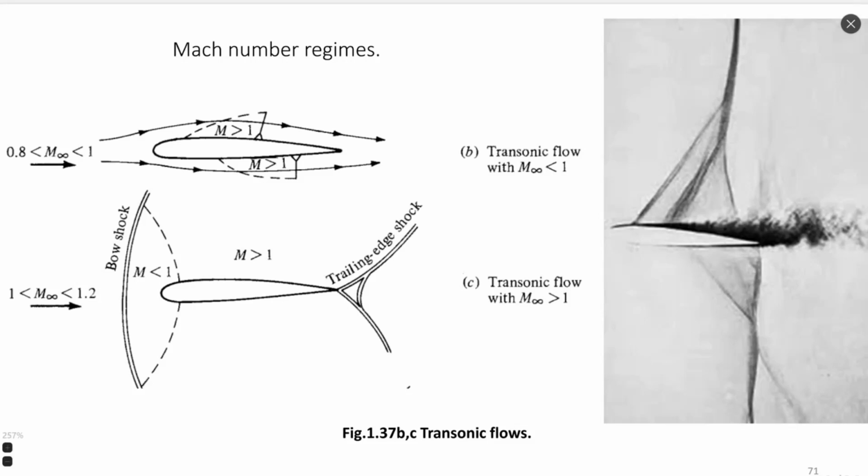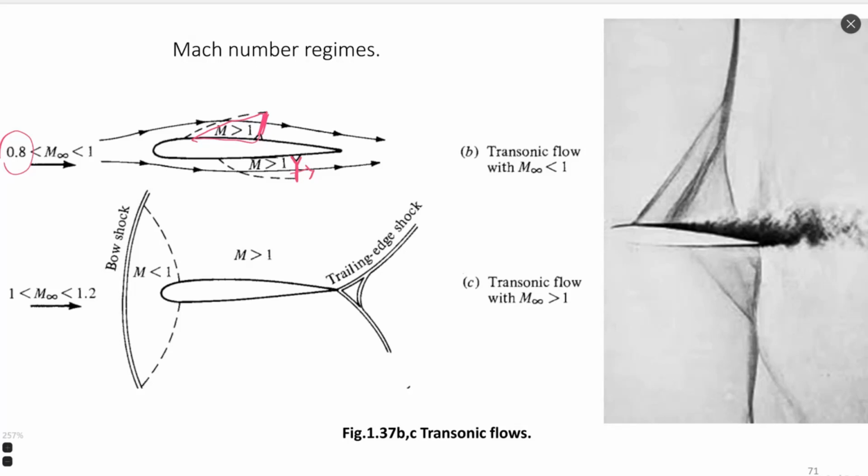The upper case is when we have subsonic infinite flow and local supersonic regions. For example, you can see here a supersonic region supported by a shock wave, with transition from the supersonic region back to subsonic on the upper side of the airfoil, and also a shock wave on the lower side of the airfoil, with transition from subsonic to supersonic and then back to subsonic. This is the first type of transonic flow.